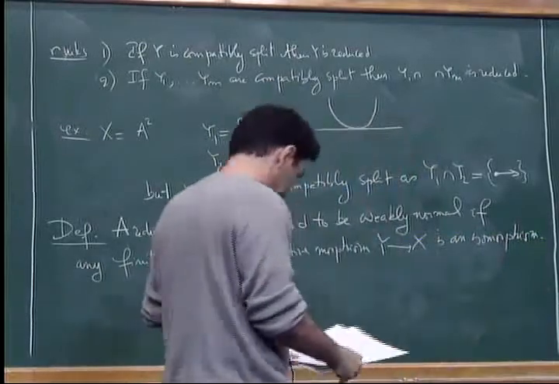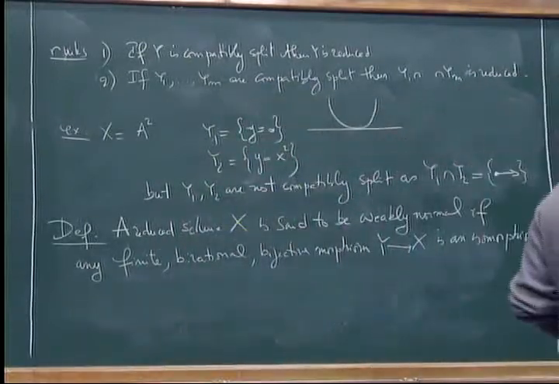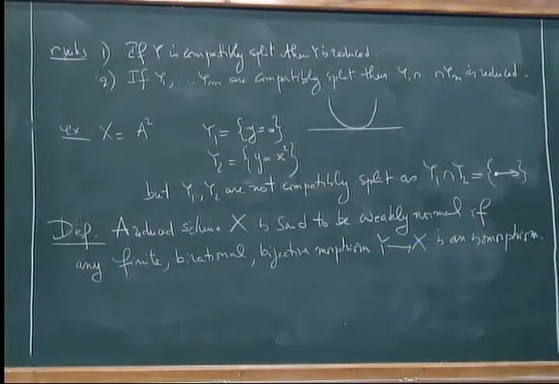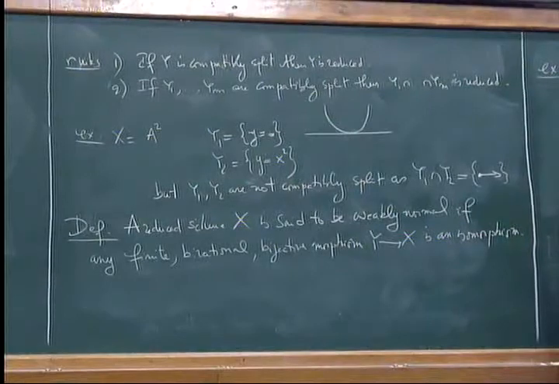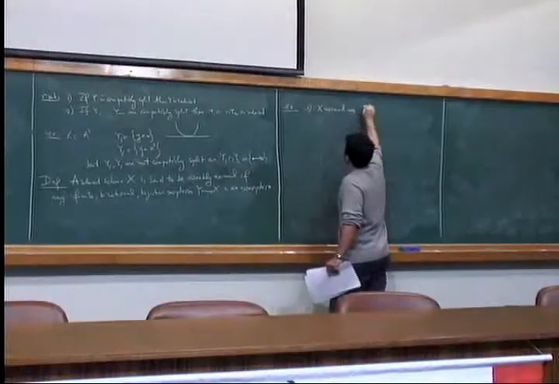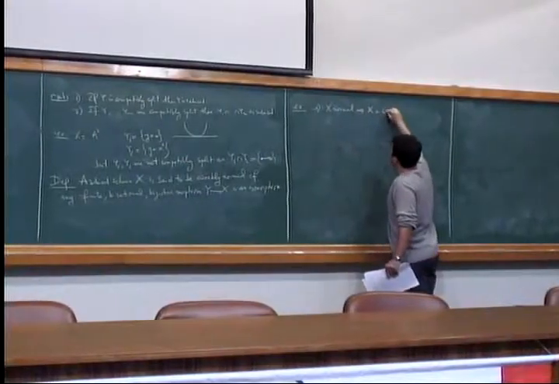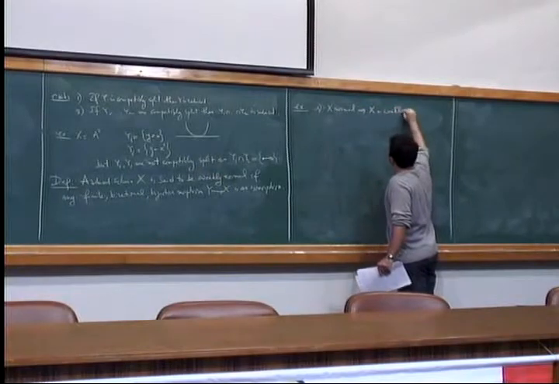So let's say, for example, if X is normal, then X is weakly normal.